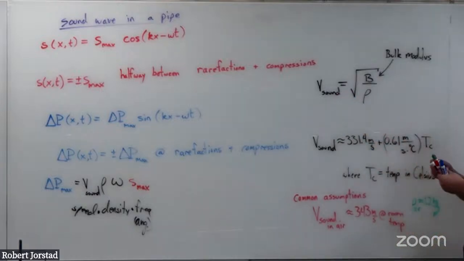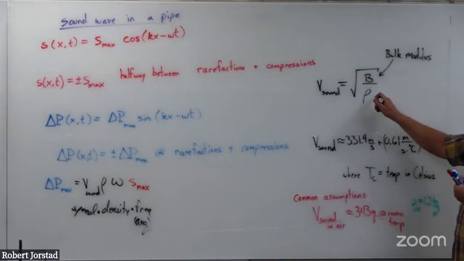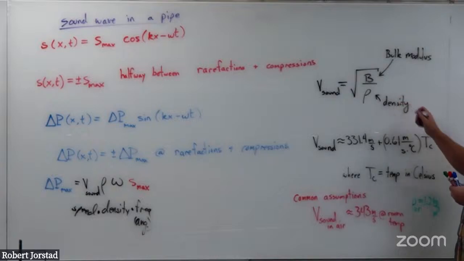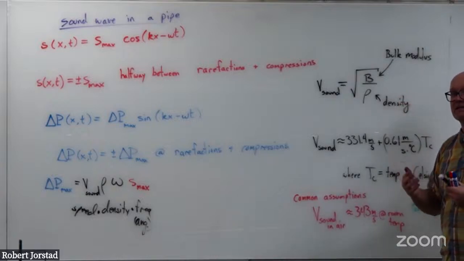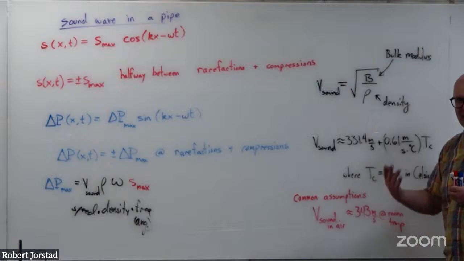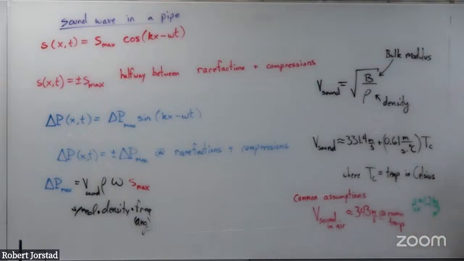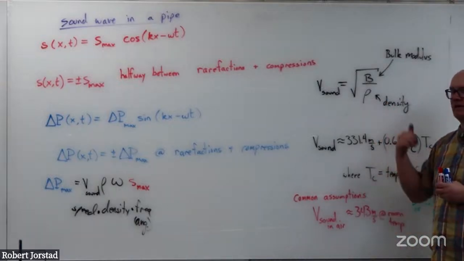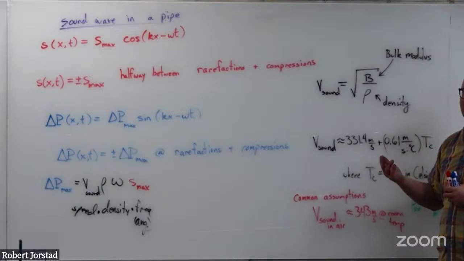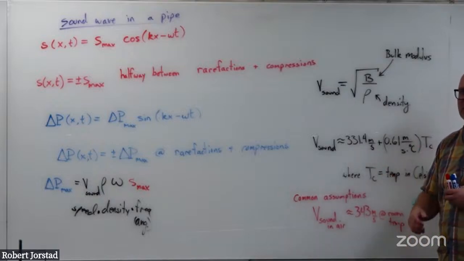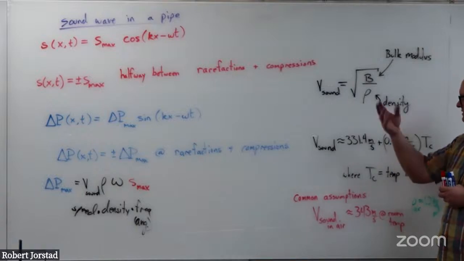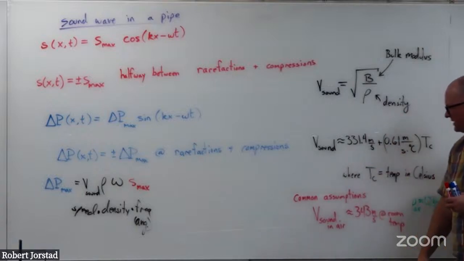However, this term on the bottom is density. Air has a very low density, so that helps keep the speed of sound high. If you replaced air with helium, the speed of sound would change, and that's the origin of the weird voice thing.